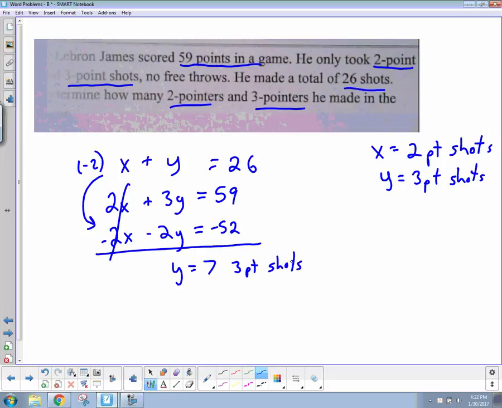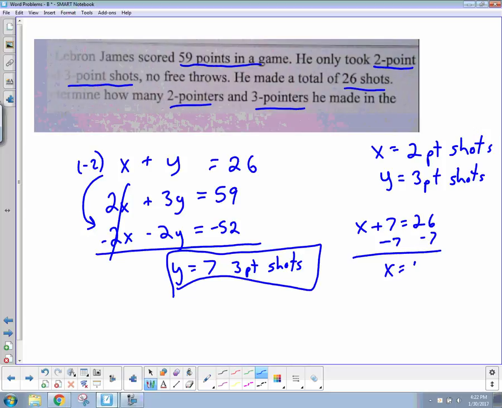Plug that back in, so x plus 7 equals 26. Subtract 7, x equals 19. So he took 19 2-point shots. And that kind of makes sense. You make more of your 2-pointer shots than you do 3-pointer shots. Okay? All right, next one.